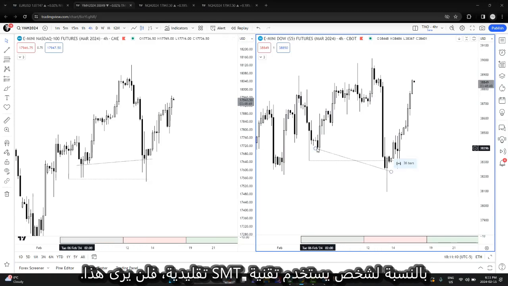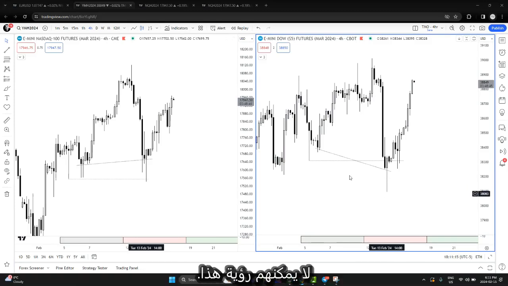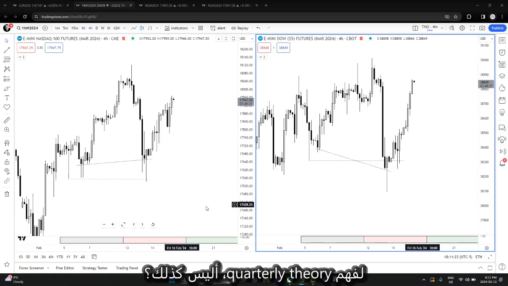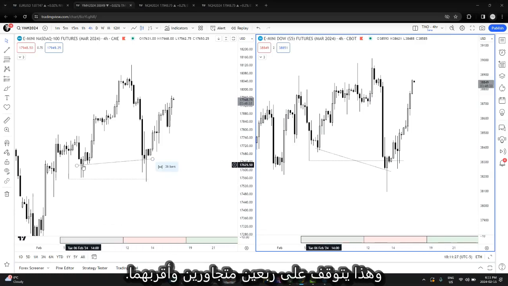Someone that uses traditional SMT won't see this. They can't see this. First of all, to understand this, you need to understand sequential SMT. To understand that, you need to understand quarterly theory, right? And this is dependent upon two quarters which are side to side, and the closes.